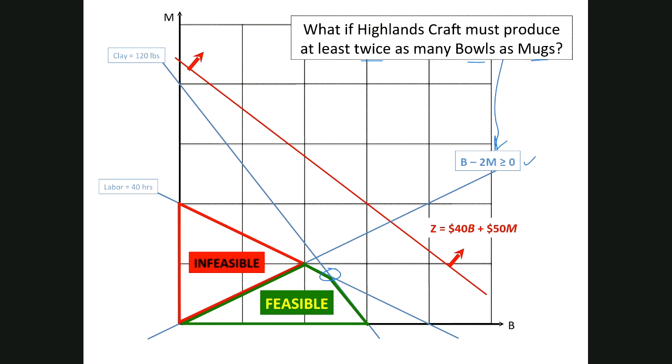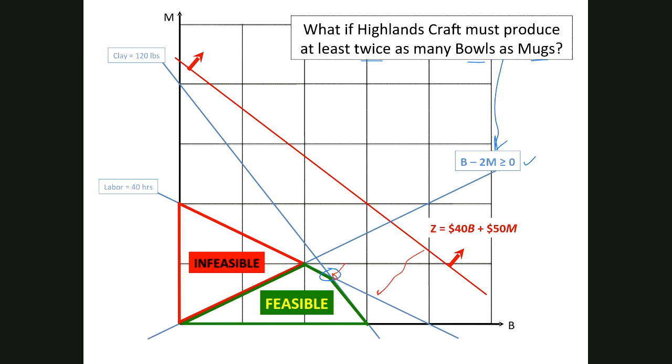And that shouldn't be a surprise, because as you bring your objective function back toward the feasible region, it will first touch that feasible region at this point, which was our initial optimal solution. And just remember, what was our initial optimal solution?